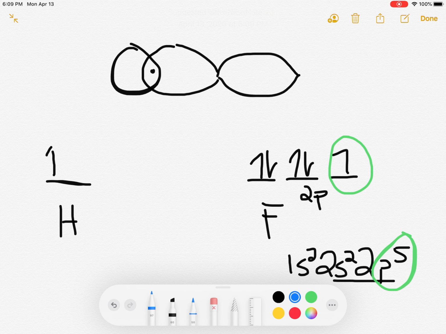Not real great at drawing there. We'll change colors, and this will be the p orbital electron there. So they form that bond, the HF, right here in that overlap. So it happens with the half-filled orbitals.